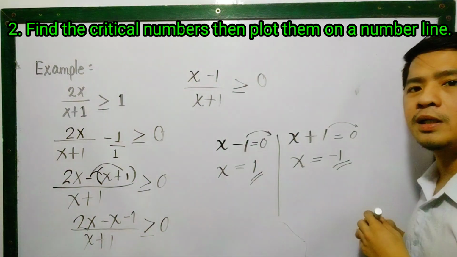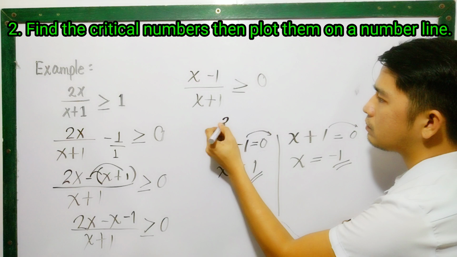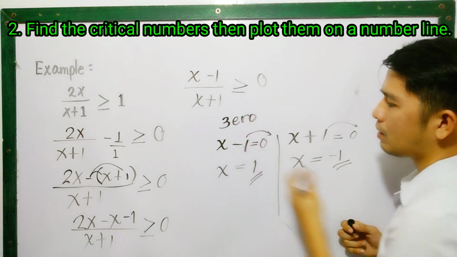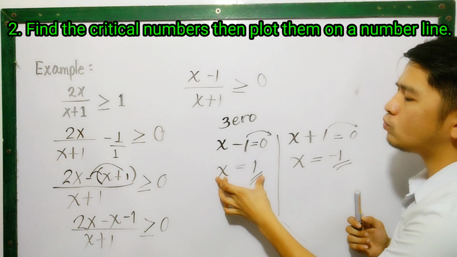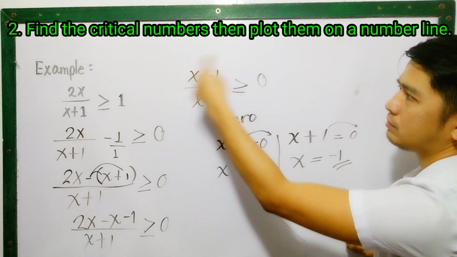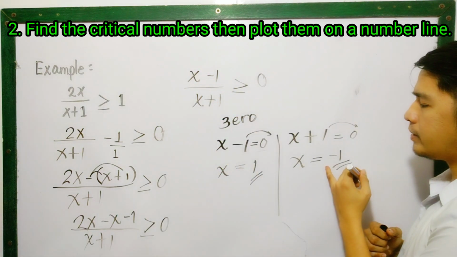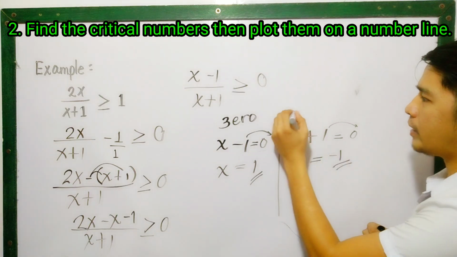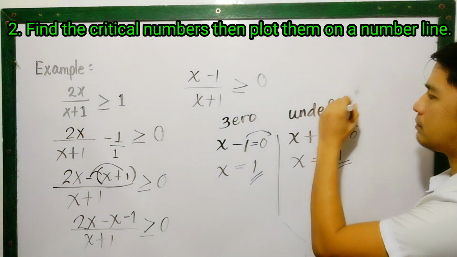Paano siya nasabing critical numbers? This particular expression will become 0 when x equals 1. So, kung isa-substitute mo yung 1 doon sa x, magiging 0 siya. Okay? So, kung isa-substitute mo naman ang x na negative 1, magiging undefined siya.